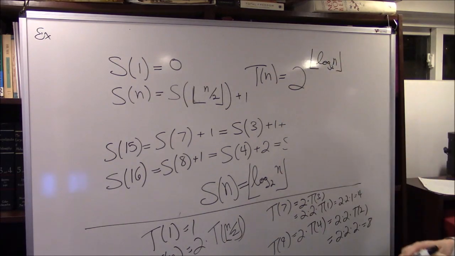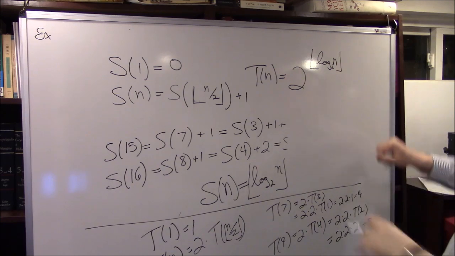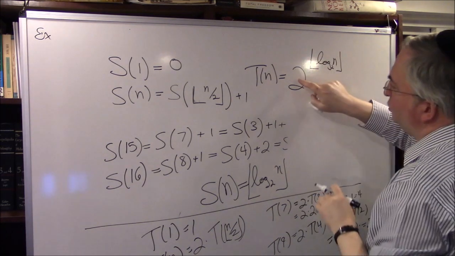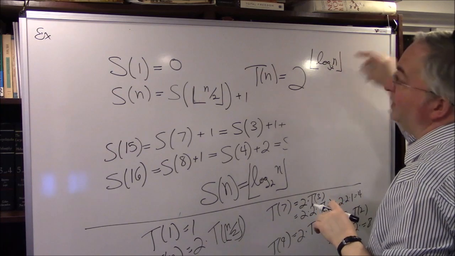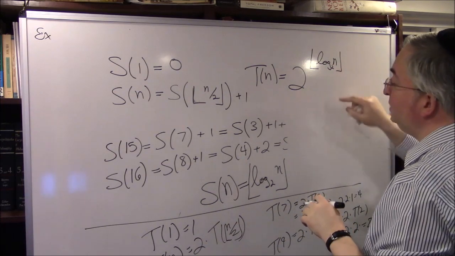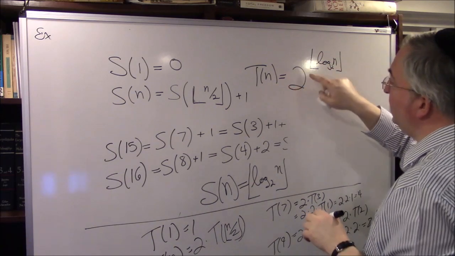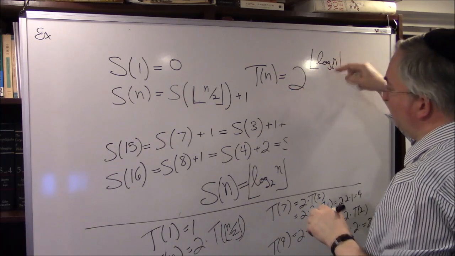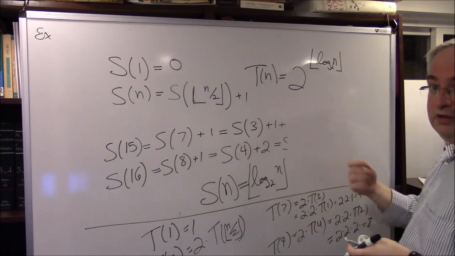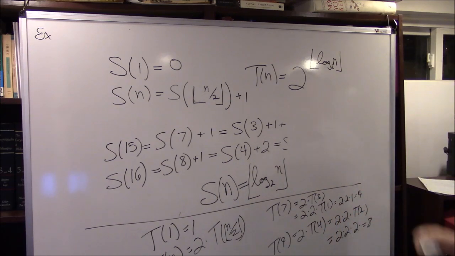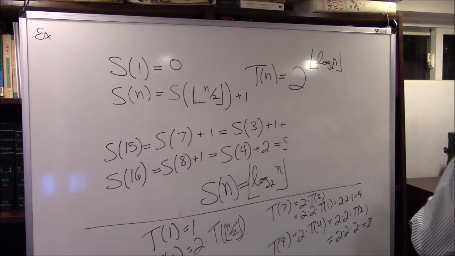Now, that's an interesting function. If I left out the floor part, 2 to the log base 2 of n is n. So this is equal to the integer that is below the log. The next integer below the log. So we did 75, we got out 64, and that's very nice. Great.